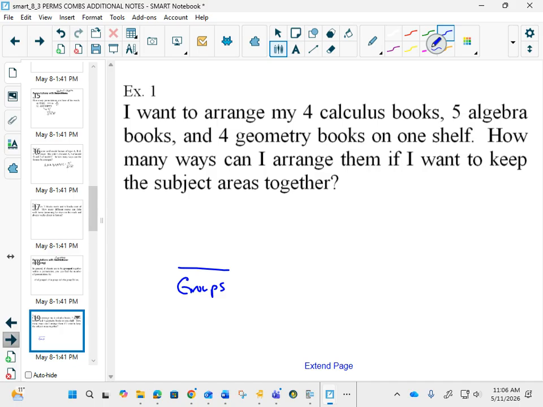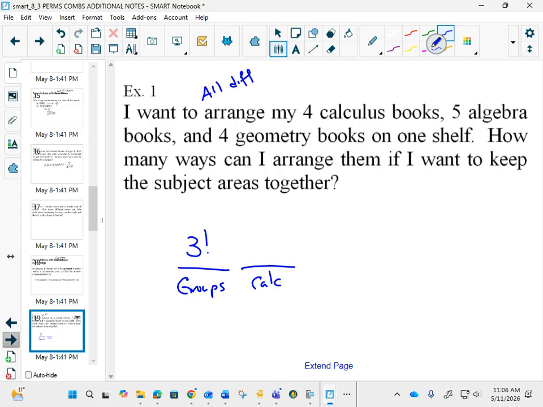And I have 3 groups. How many choices do I have for arranging 3 groups? 3 factorial. Then after I've decided, okay, I'm going calculus first, then algebra, then geometry, now I look within each group. In my calculus books, I have 4 of them, assuming they're all different.